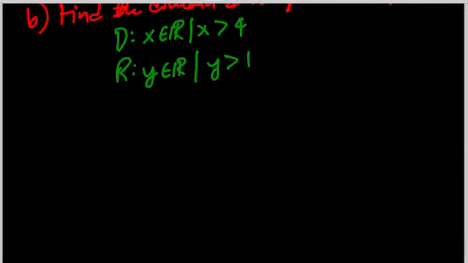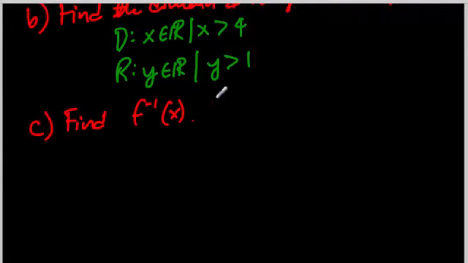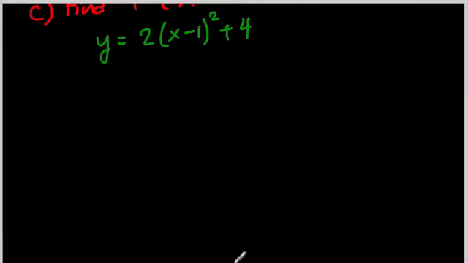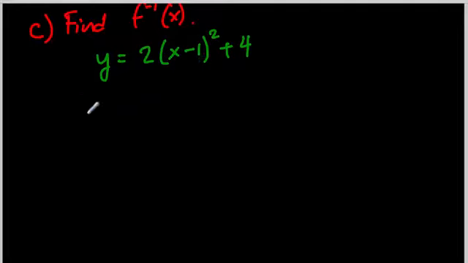And now finally, let's do C. C is find f inverse of x. So our function is basically this: y is equal to 2 times (x minus 1) squared plus 4. Remember, to find the inverse, the first step that we have to do is switch x and y.